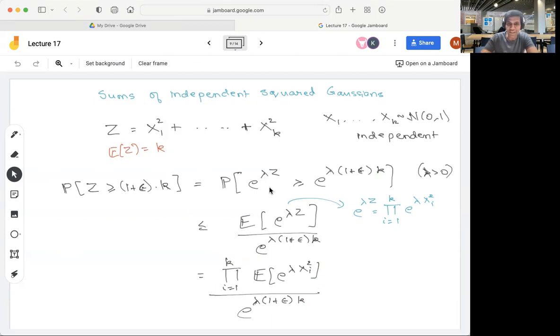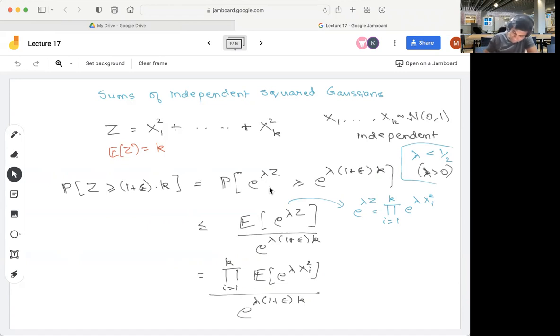And it just so happens that we computed exactly this expectation in the previous lecture. So we already know what the numerator should be. For each individual xi, it's just 1 over square root of 1 minus 2 lambda, as long as lambda is less than half. We are doing the computation for an arbitrary positive lambda to be determined later. So we will choose lambda between 0 and half. So we'll be careful when we finally plug in a choice of lambda.